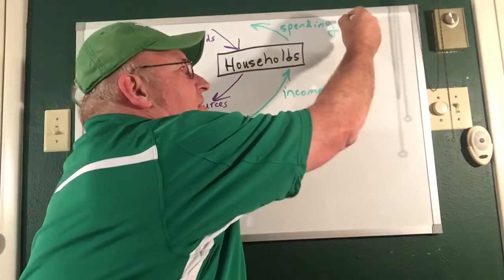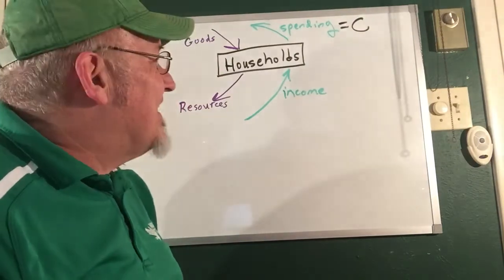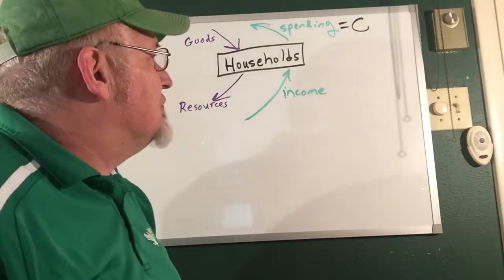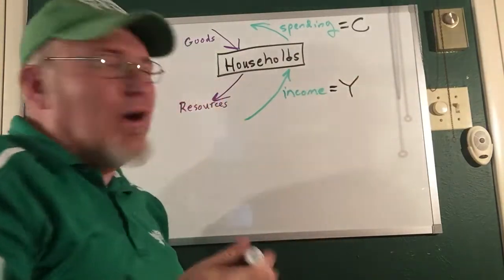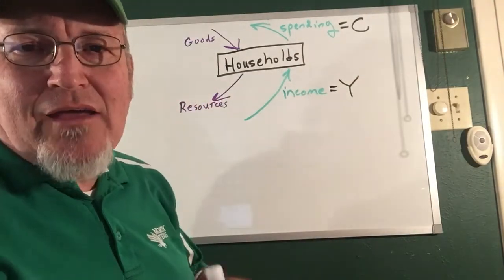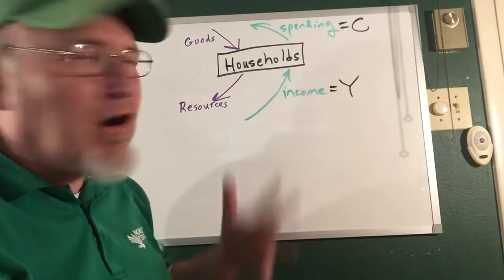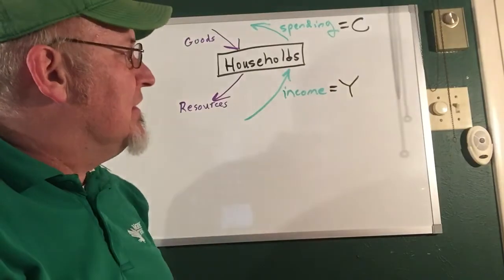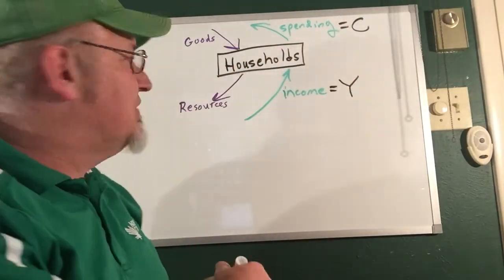So Keynes talked about spending as consumption spending, right? And that's the spending that households or consumers do. And then income becomes, well, it's Y because capital I represents investment, small i represents interest. And so all the I's were taken, so now it's Y. But this relationship is key in the Keynesian school.